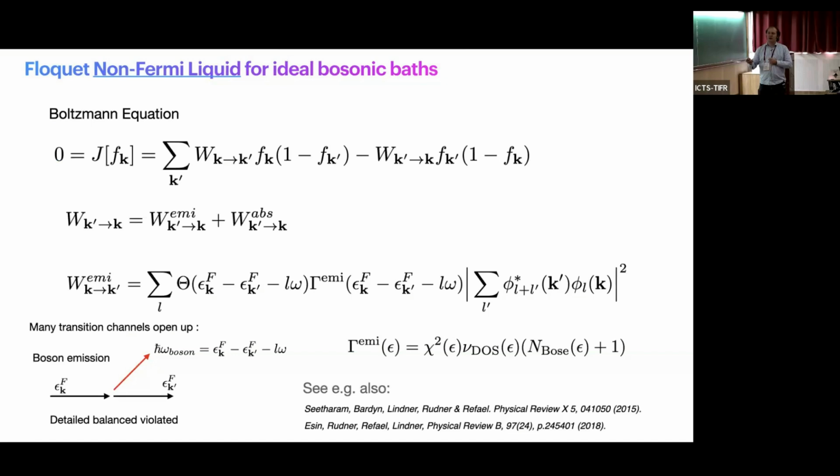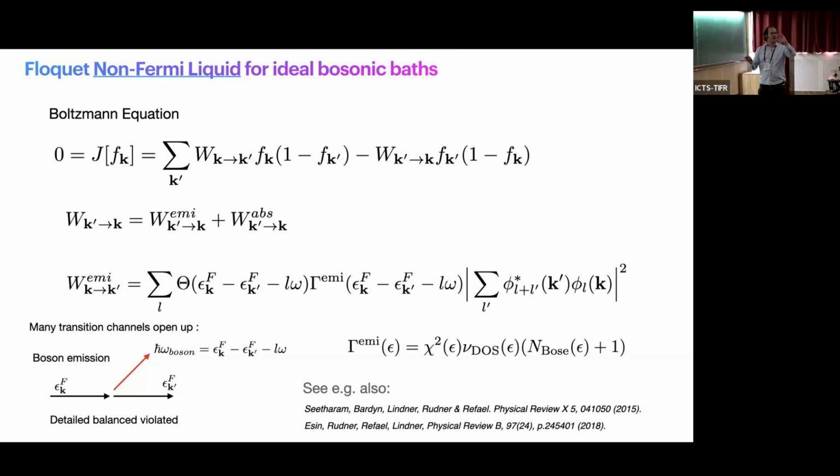And the boson, because you're driving it, in an emission process does not have to satisfy energy conservation with the Floquet energies. Instead there can be various kinds of emission processes labeled by an integer here, L, in which the boson energy differs from this difference of Floquet energies by multiples of the driving frequency. And the transition also depends on the Floquet amplitudes as before.